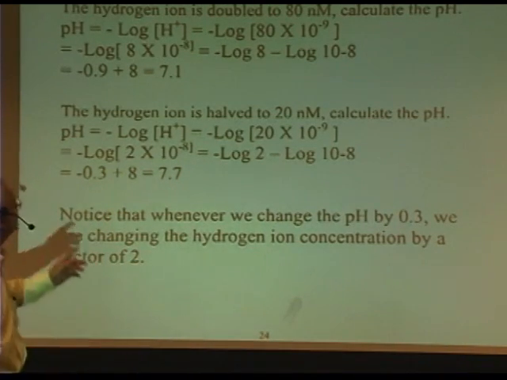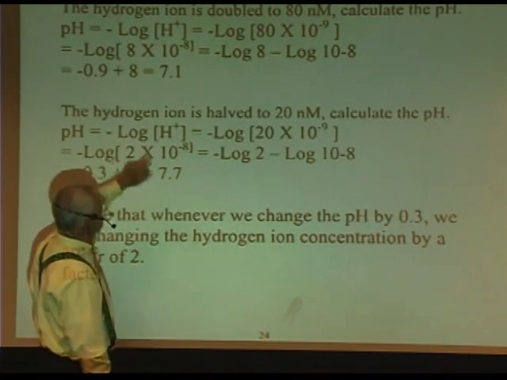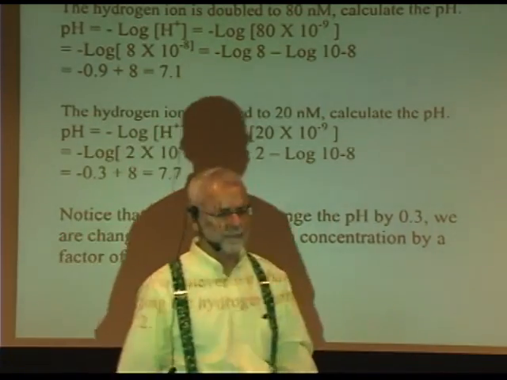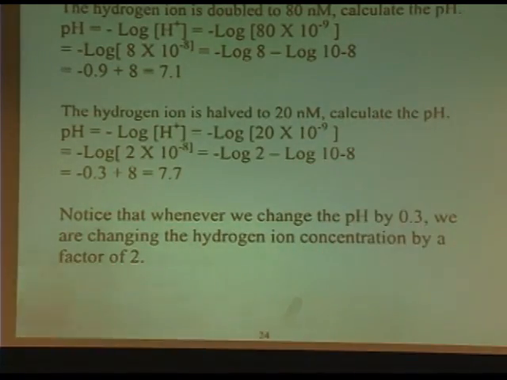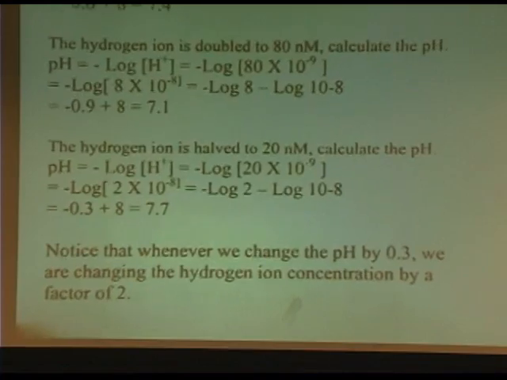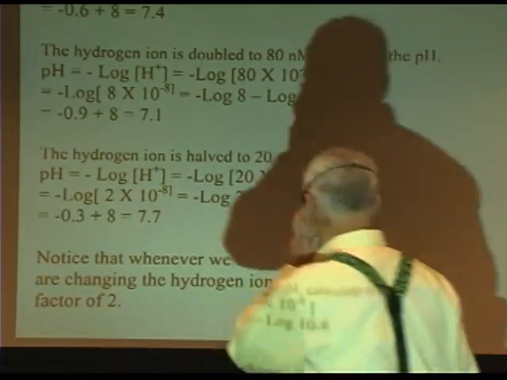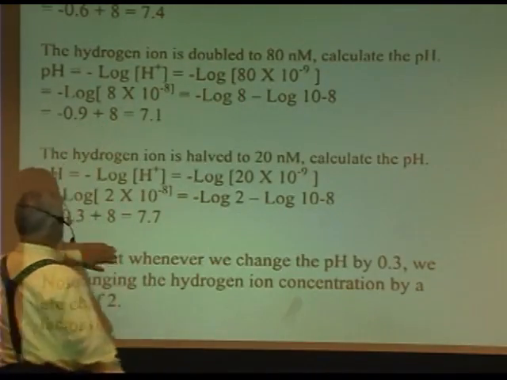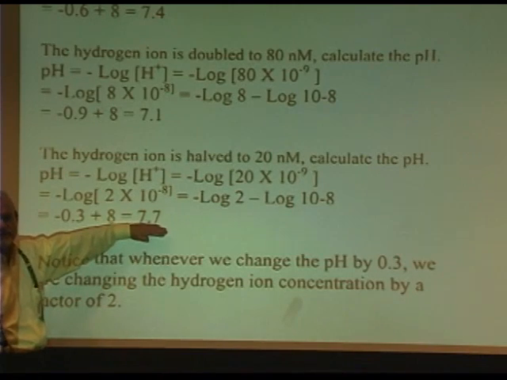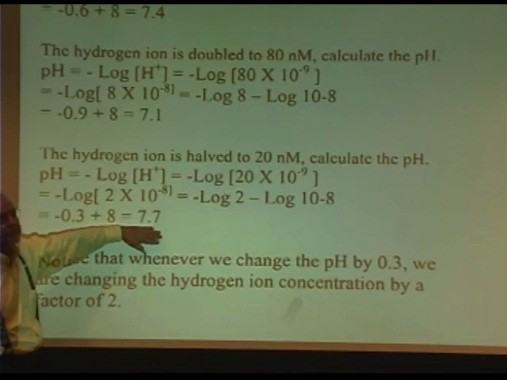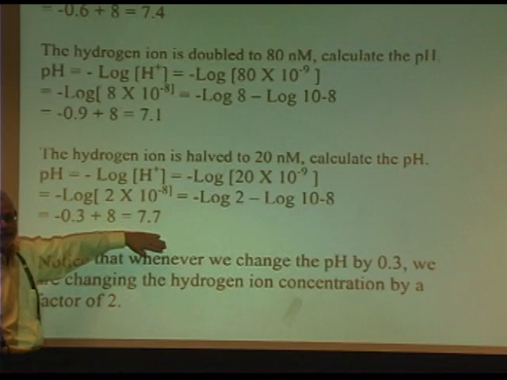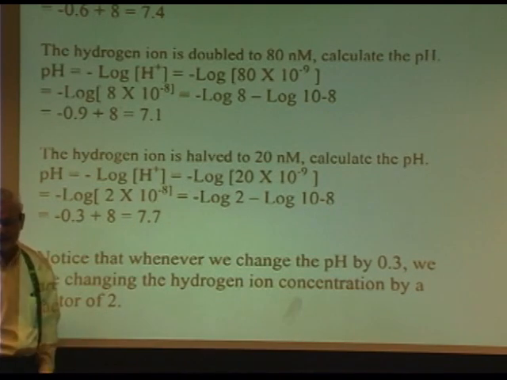Look at the difference from the value of 7.4 up there. When we halve the hydrogen ion concentration, it changed by another factor of 0.3. It went from 7.4 to 7.7.